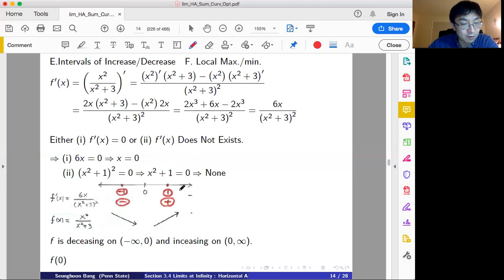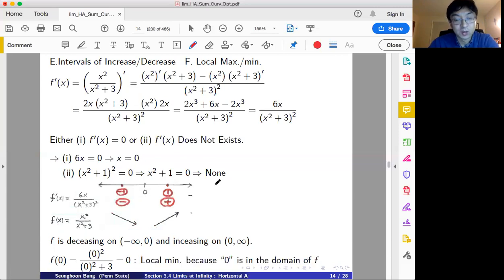You can calculate f of 0. You plug 0 into here. 0 squared over 0 squared plus 3 is exactly 0. This is a local minimum because 0 is in the domain. What's the domain? Remember the domain? The domain is all real numbers. This is the reason.